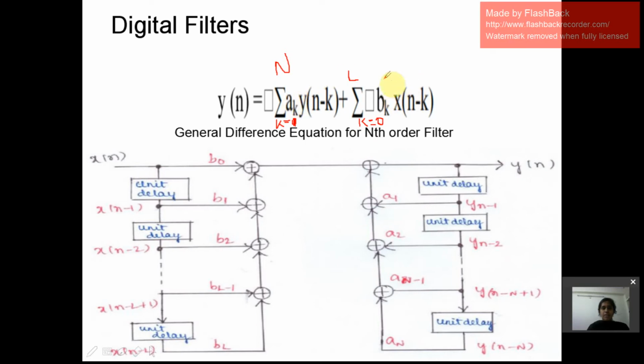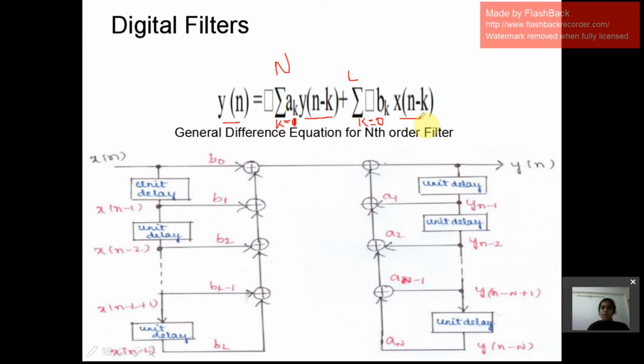A sub k and b sub k are the coefficients of the filter. And y of n minus k, which is delayed by a certain value of k, we call the past output. y of n is the current output, and y of n minus k is the past output, and x of n minus k is the past inputs.